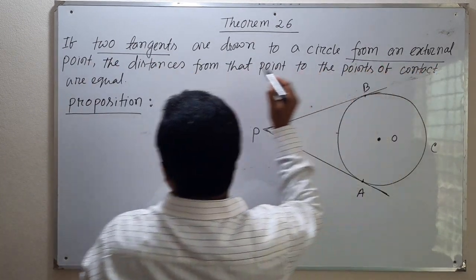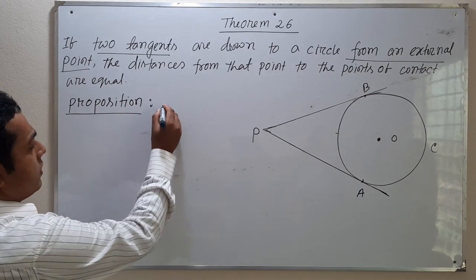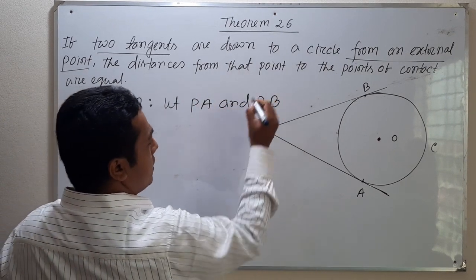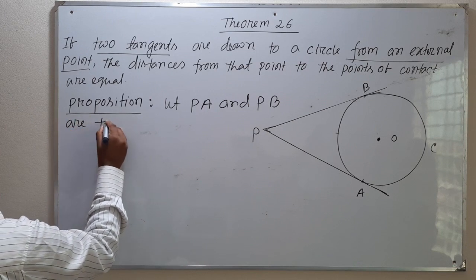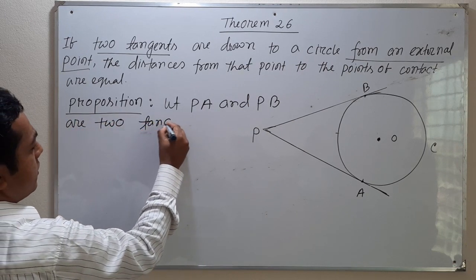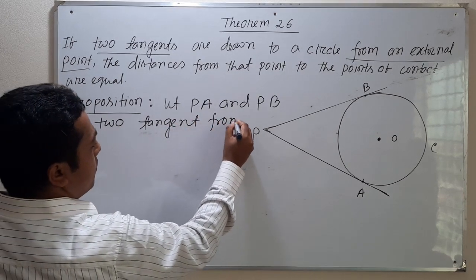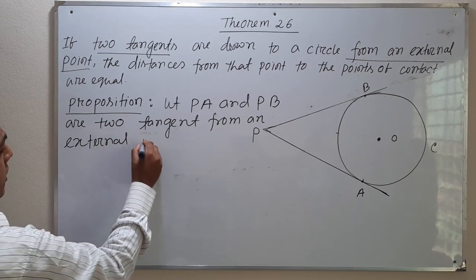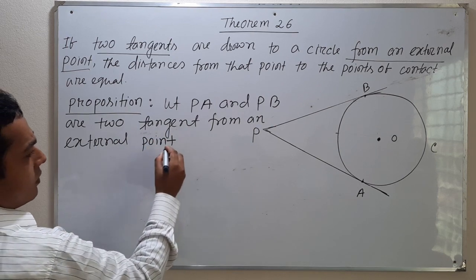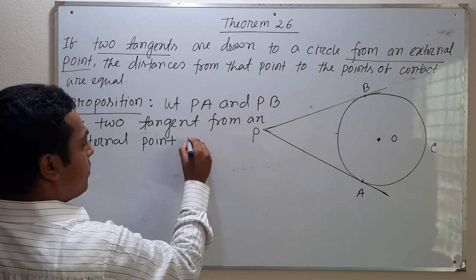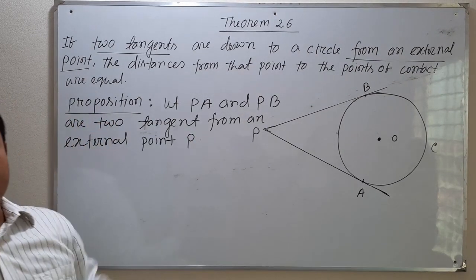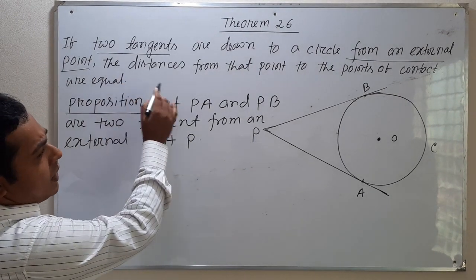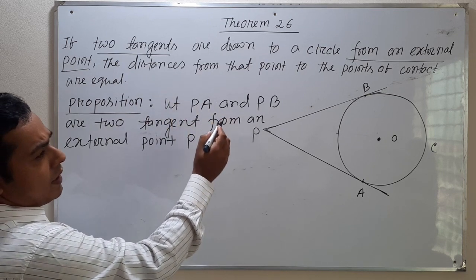Let PA and PB be two tangents from an external point P. Then the distances from that point to the points of contact are equal.